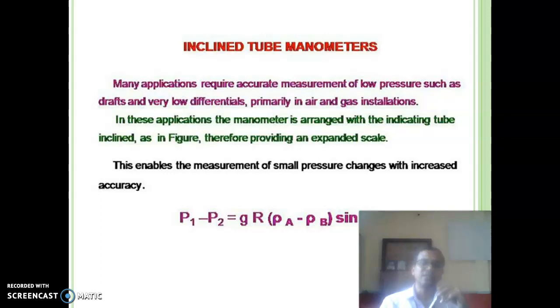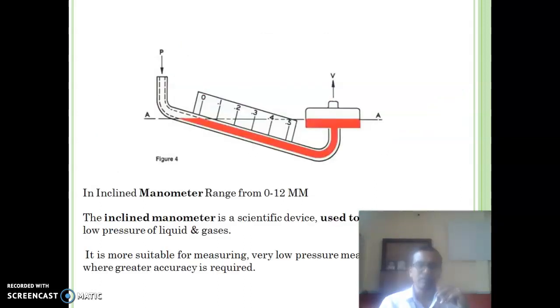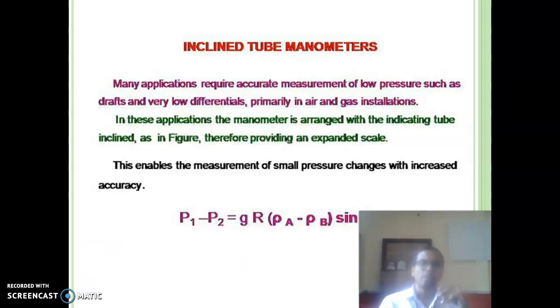Now next is the inclined tube manometer. The inclined tube manometer is a simple one. The word inclined is for what? Through this diagram you may understand this. The manometer is inclined at a particular angle, and therefore it's called inclined.